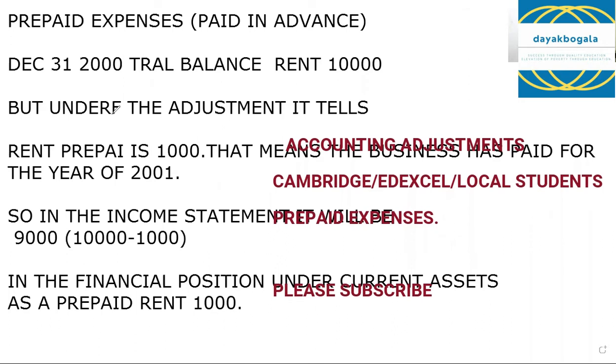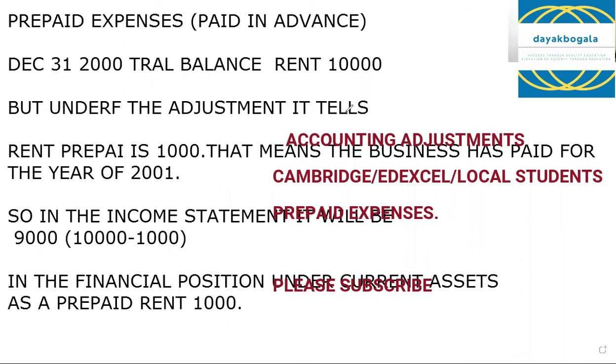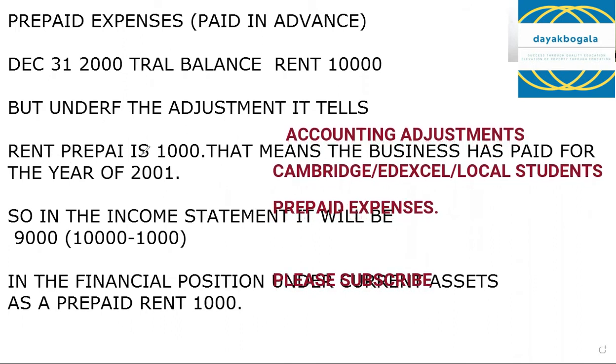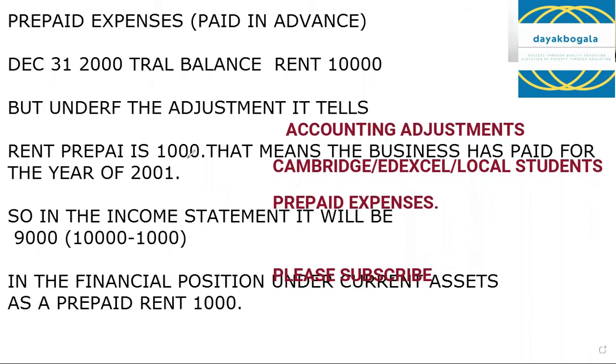But under the adjustments, it tells us rent prepaid is 1,000.